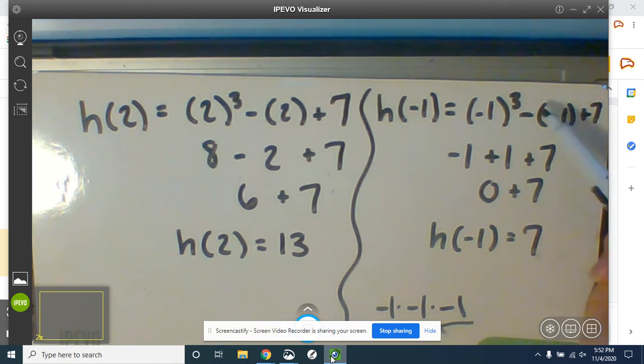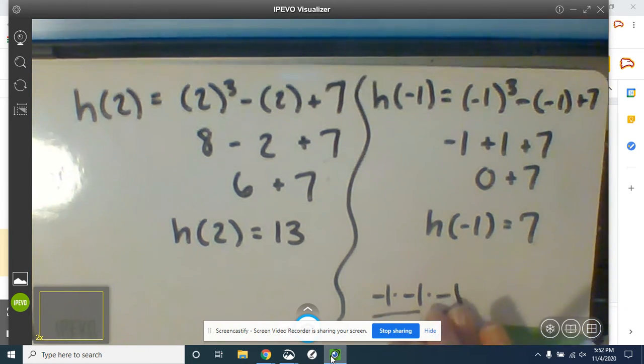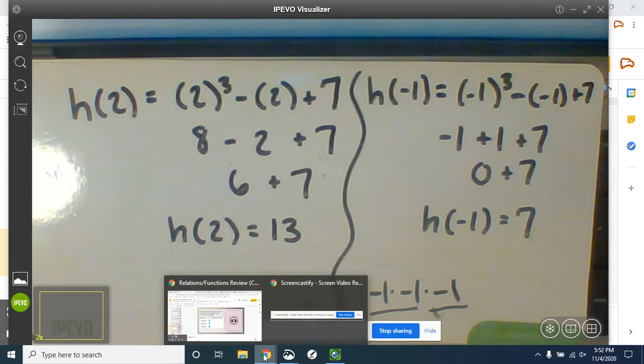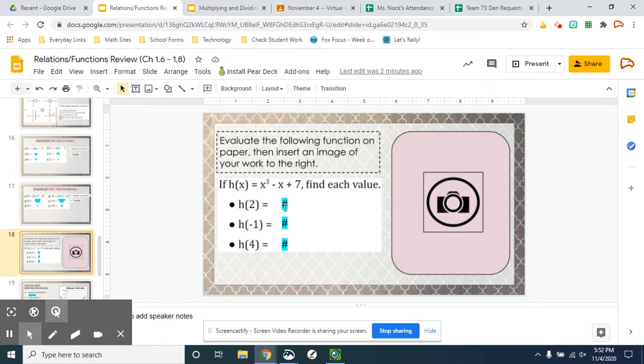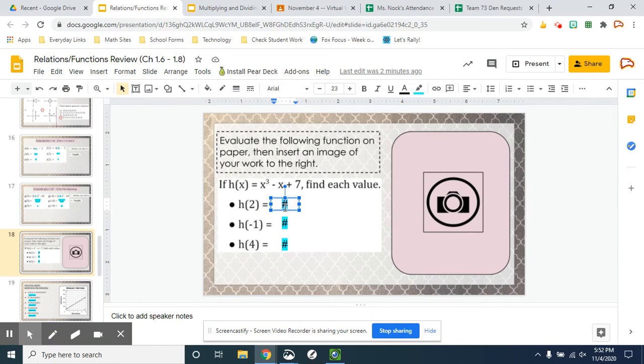The other tricky part here is that it's minus a -1, so remember subtracting is the same thing as adding the opposite. So keep, add, opposite, so it becomes +1. So for h of 2, we got 13. H of -1, we got 7.